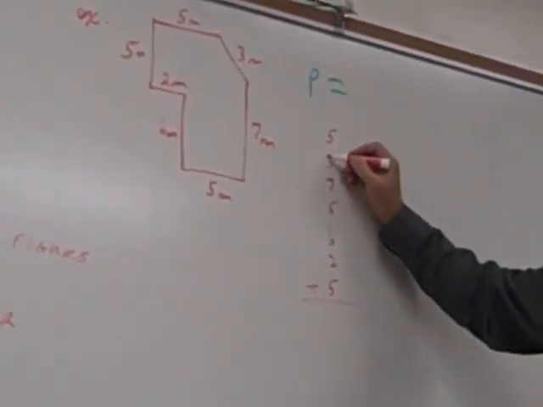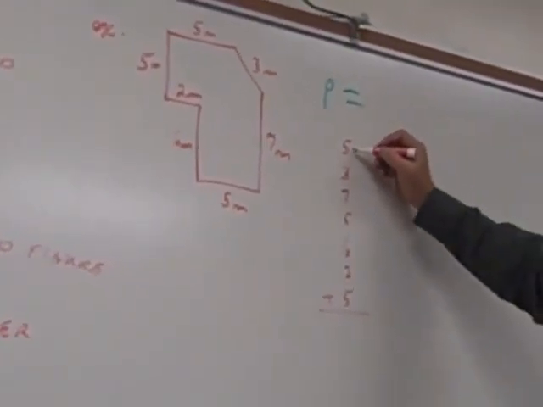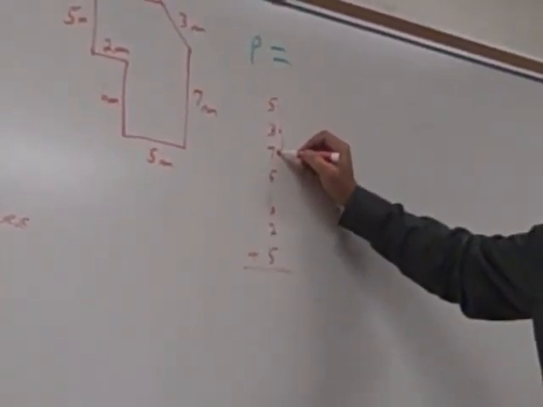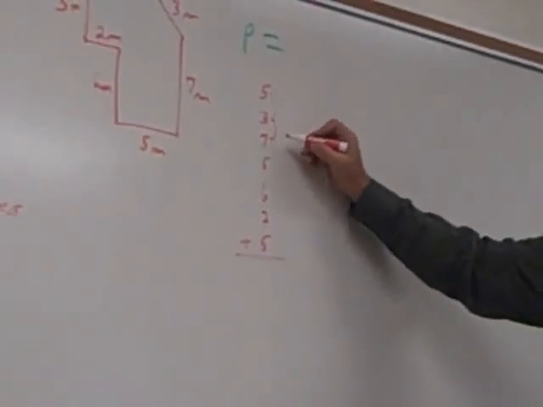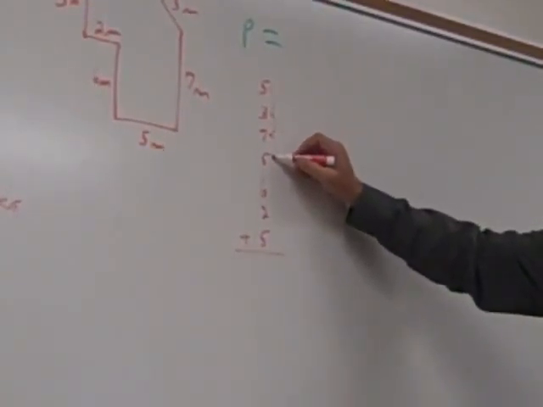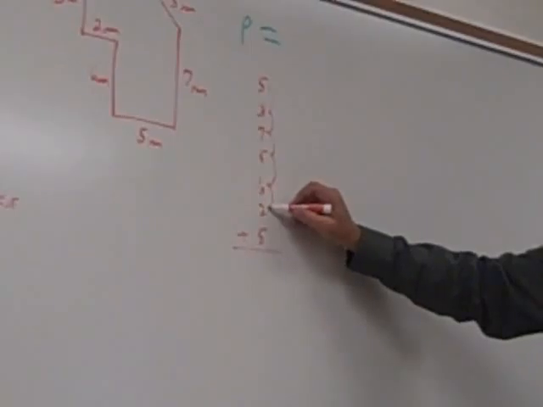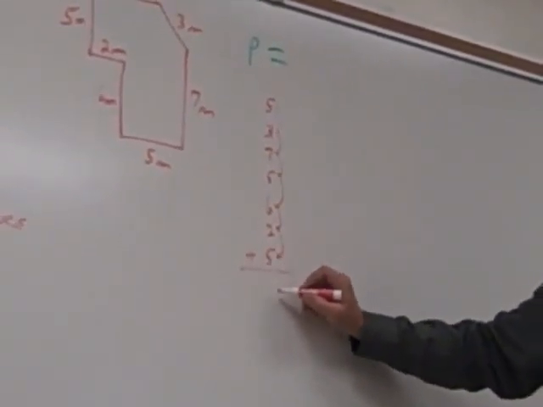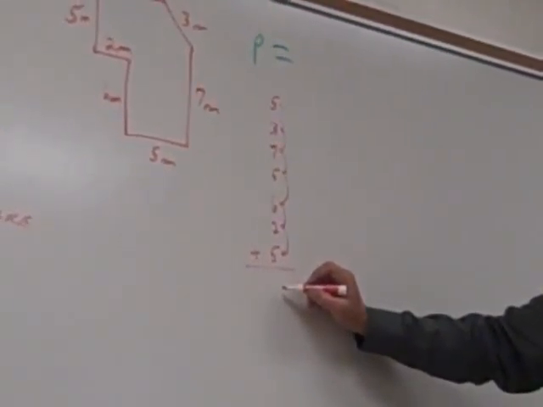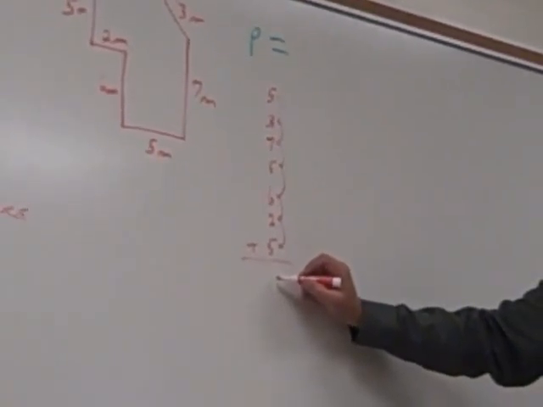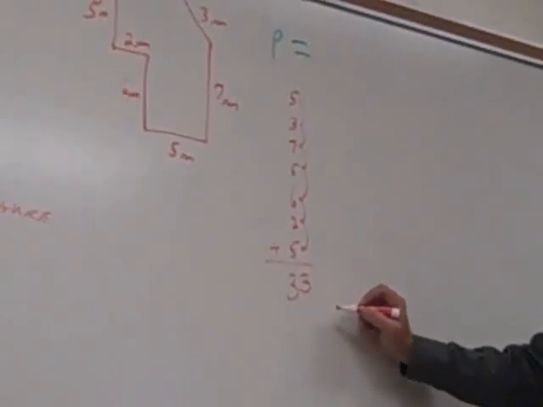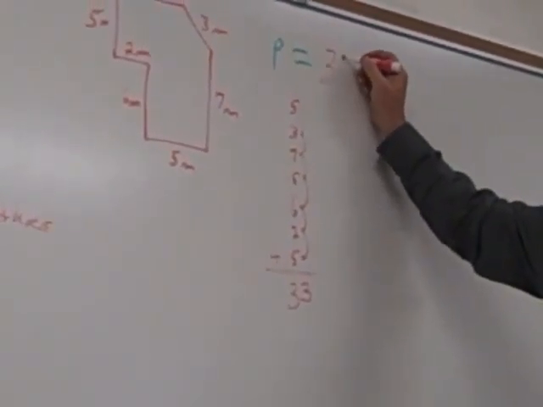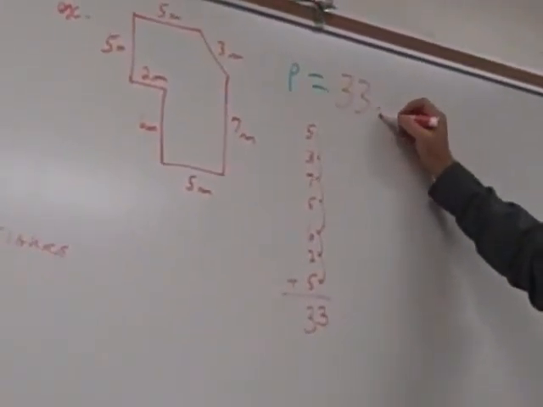Thank you, messed up. 3. Here we go. 8, 15. I'm in the way, aren't I? Sorry. Matt. 8, 15, 20, 26, 28, 33. So my perimeter is 33 meters.